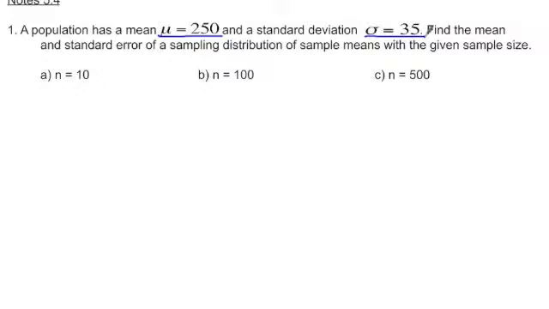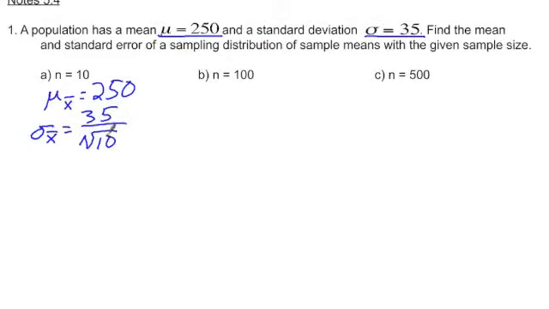So we can write the mean of the sampling distribution is 250. Then we know the standard error equals the standard deviation of the population divided by the square root of the sample size. Right, so this equals 11.07.